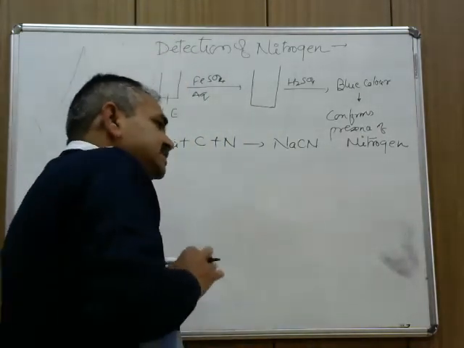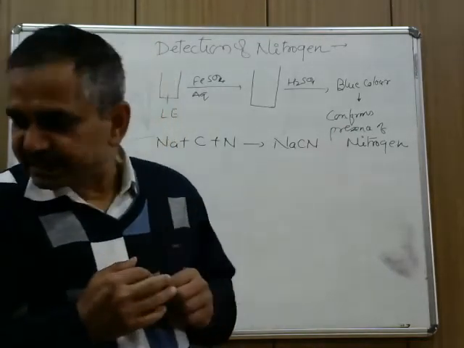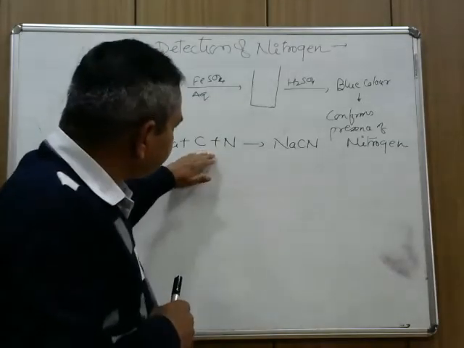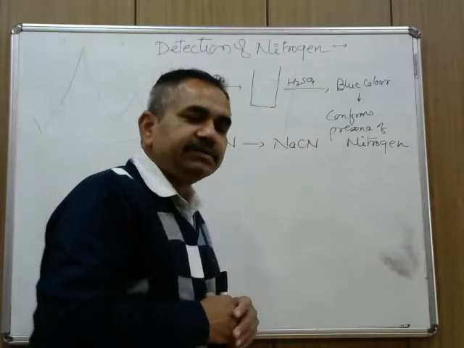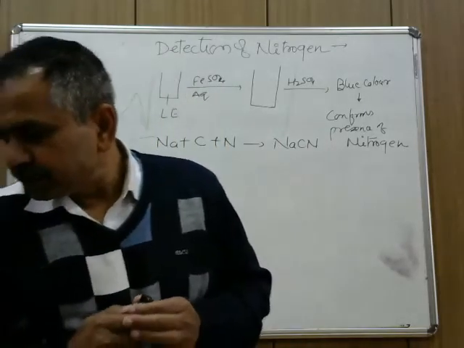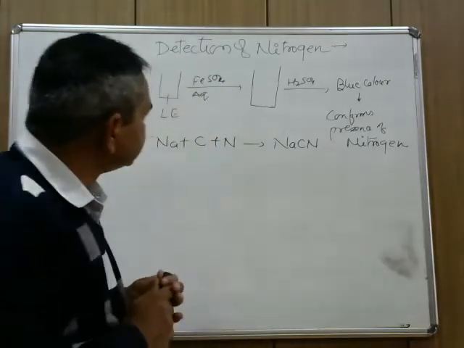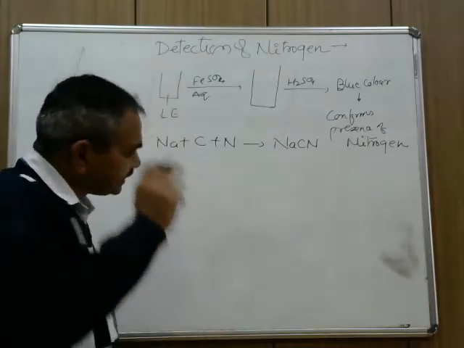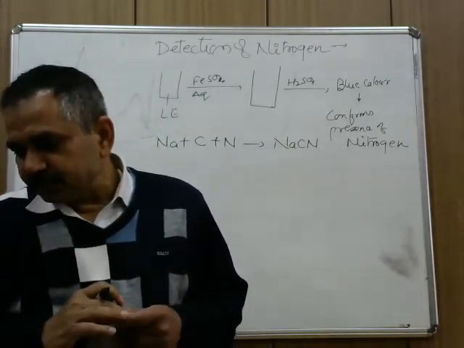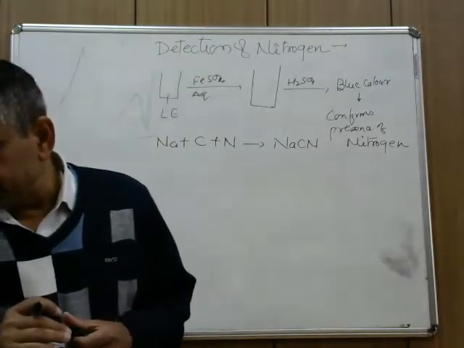But once the process of preparation of Lassaigne's extract is completed, the covalently bonded carbon and nitrogen is converted to their ionic forms in the form of sodium cyanide, and this sodium cyanide first reacts with Fe2+ to form hexacyanidoferrate.